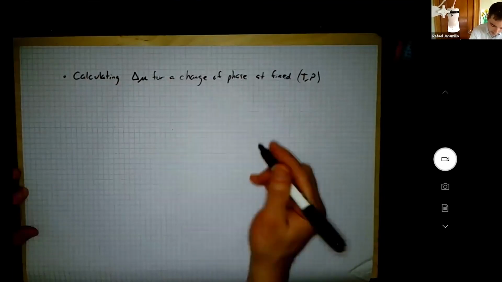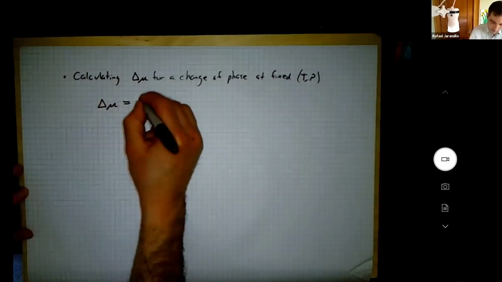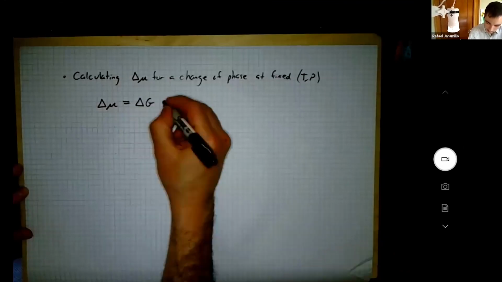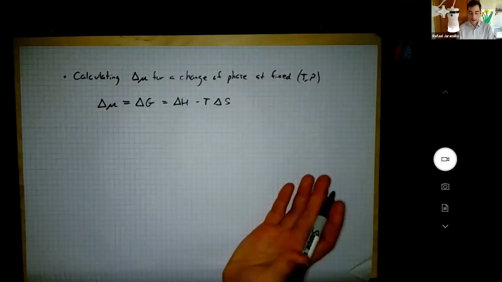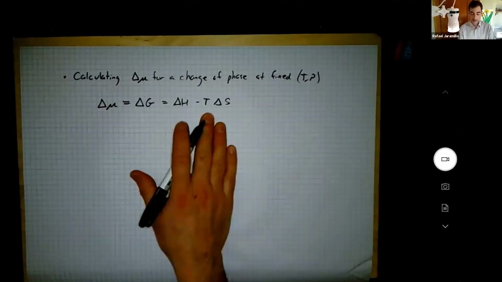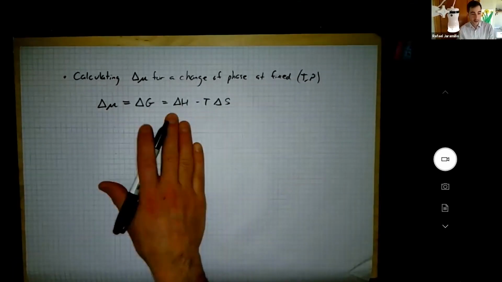So delta mu is the same thing as delta molar Gibbs free energy equals delta H minus T delta S, right? For isothermal process, T is fixed. So we have delta H minus T delta S, okay?